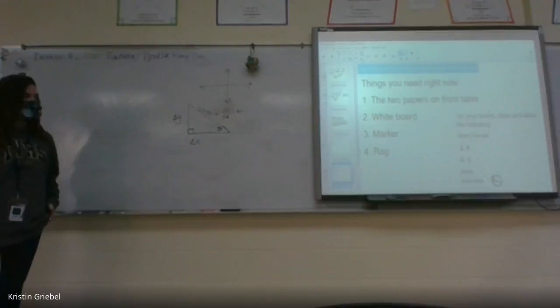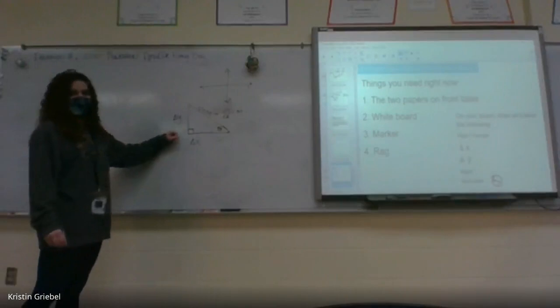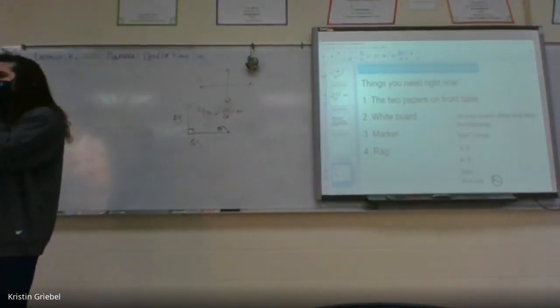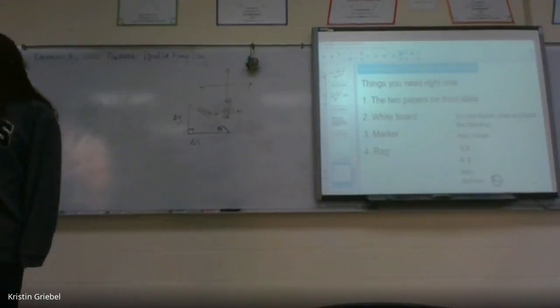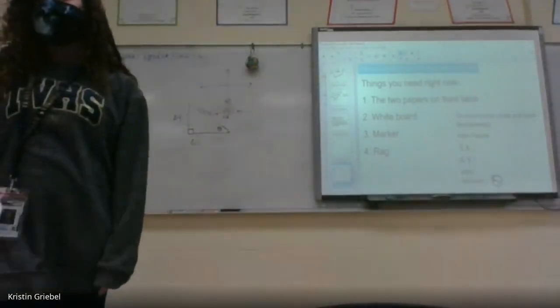Okay, so yesterday we talked about one special slope angle and slope ratio. I want you on your slope triangle, because that's what this whole thing is, a slope triangle, to draw me the 11-degree slope angle on your triangle, and then tell me what the slope is.